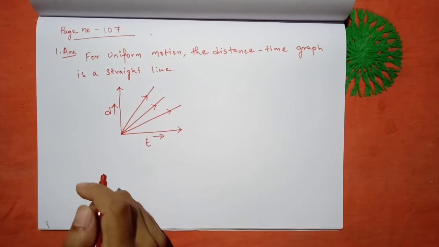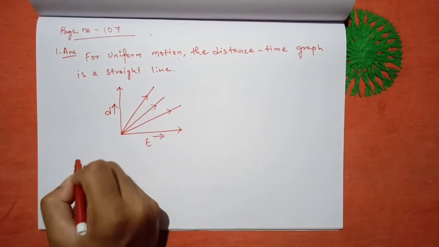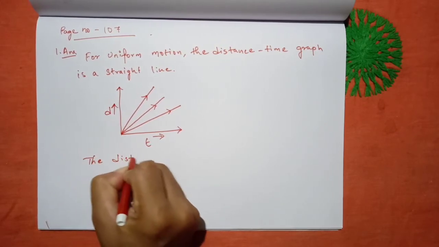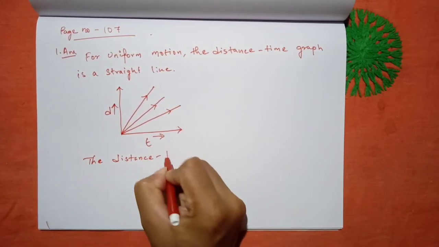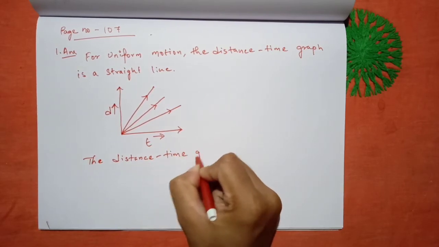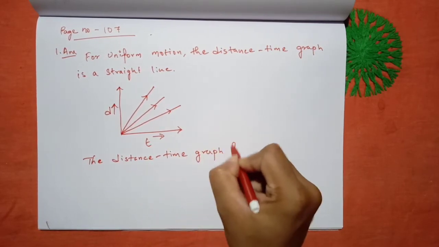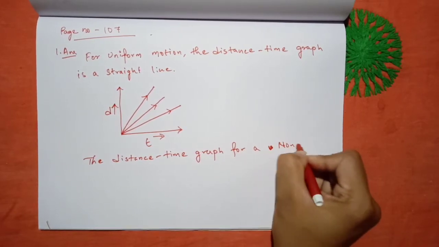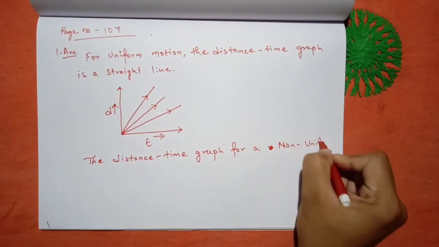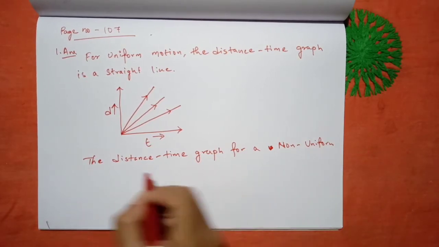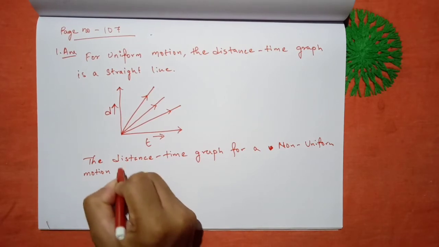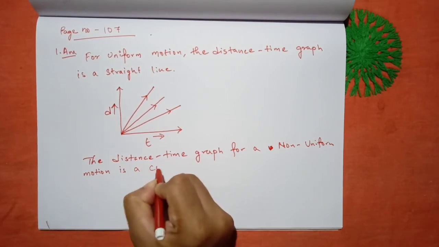Now next, for the non-uniform motion, the distance time graph for a non-uniform motion is a curve.